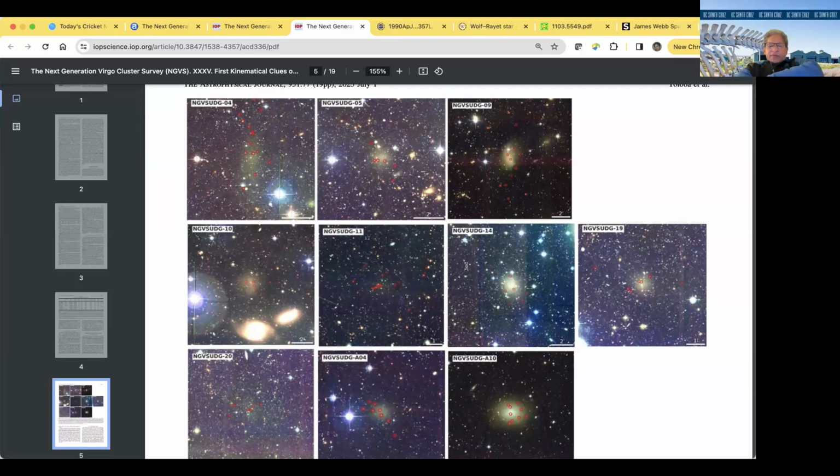Well, many of them have very bright Milky Way stars close to them, 10 in particular.